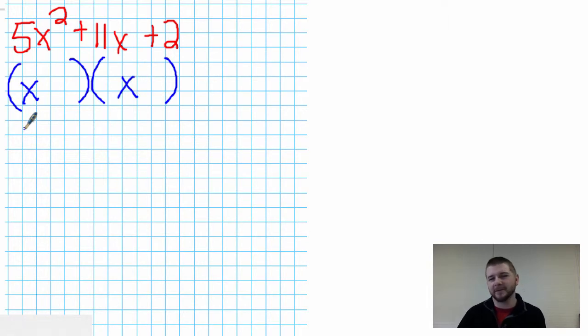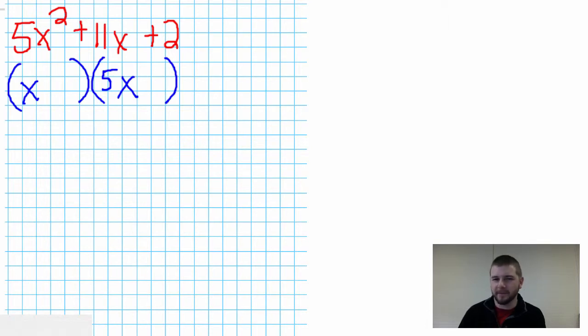Consider the factors of 5. 5 and 1, and 1 and 5 because 5 is a prime number. Also keep in mind that -1 times -5 are also factors of 5. But for now, let's begin with 5 and 1. So we can confirm our first terms, when multiplied, do equal 5x squared.